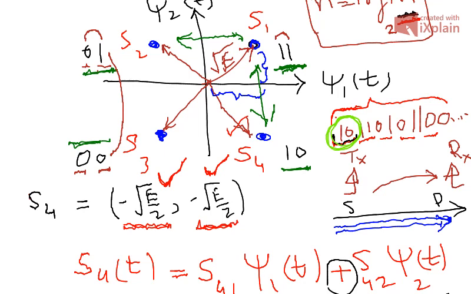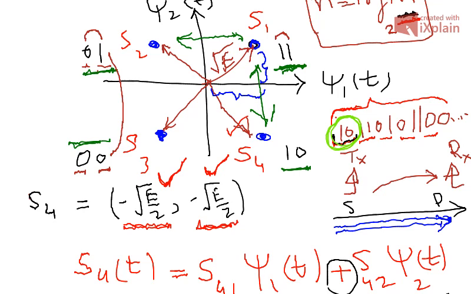So if this symbol S1 is detected correctly, you receive 1 0 correctly. If it is not detected correctly, it will be detected either as S2 or as S4, since it more probably looks like an adjacent symbol.